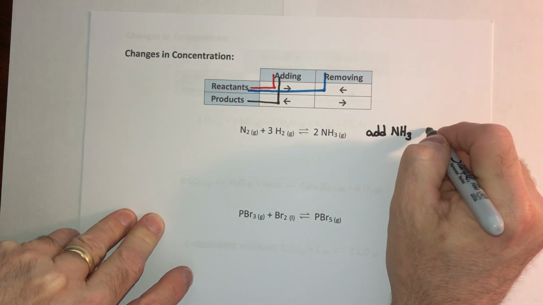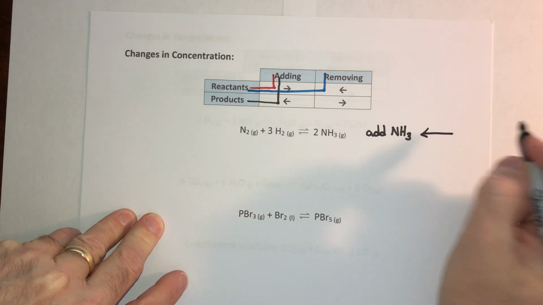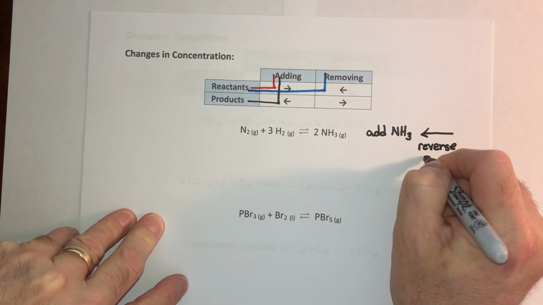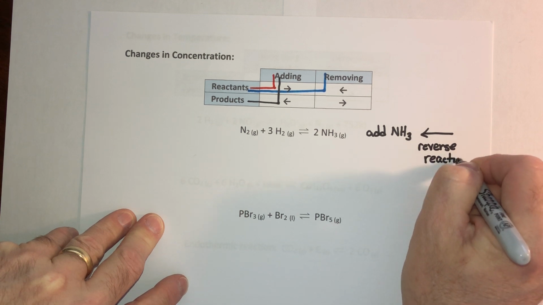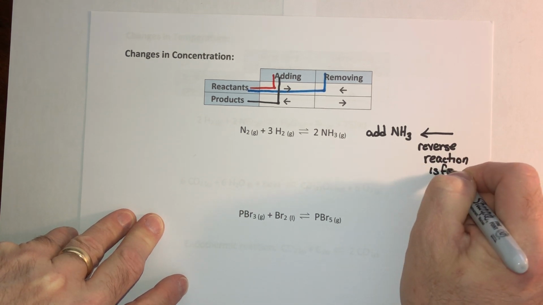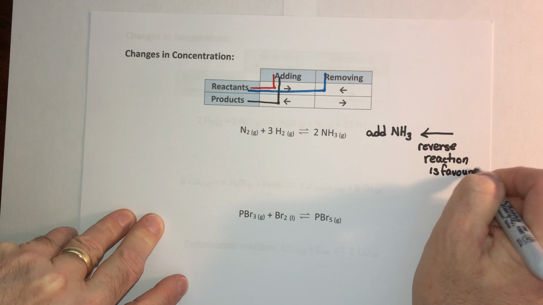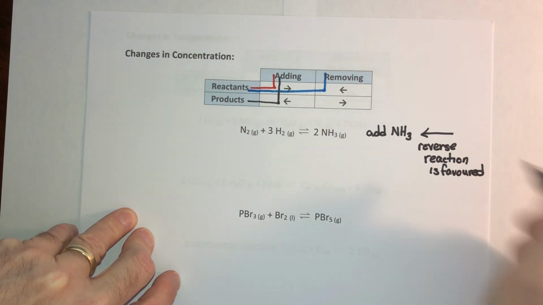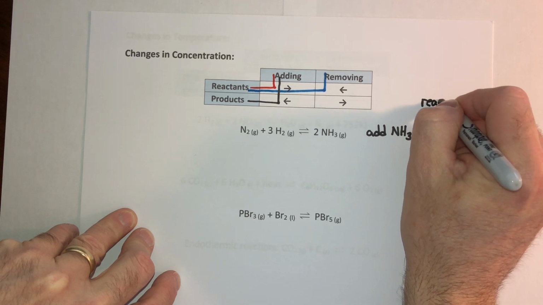Okay, so you would say the reaction's going to go backwards, or you would say that the reverse reaction is favored, right? Or you could say that the reactants are favored.